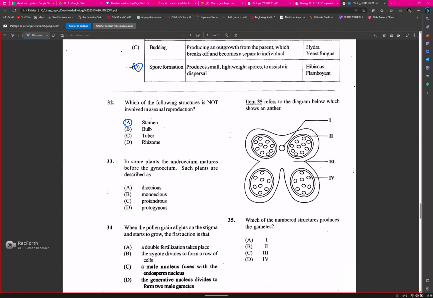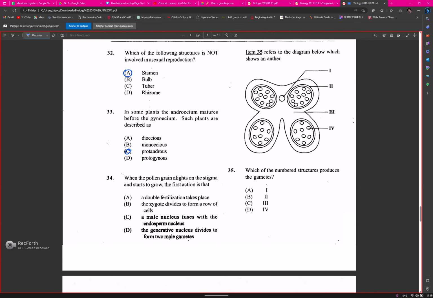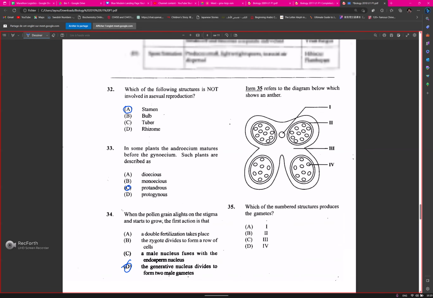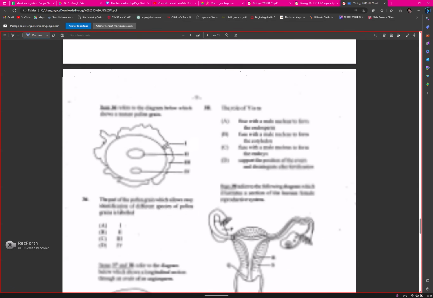Okay. So we have the androecium matures before. Alright. And then we have, what is this? Pollen grain aligns. Okay. We're going to have the generative nucleus dividing. So the numbered structure produces the gametes. What produces the gametes? 36.